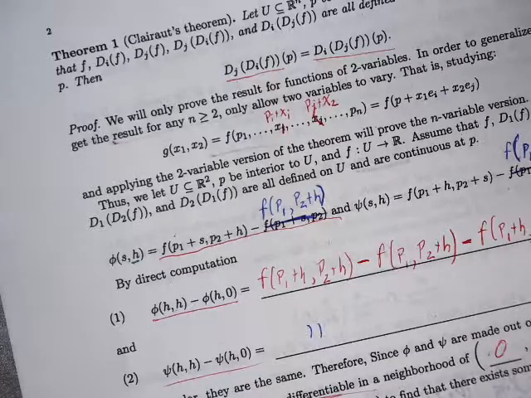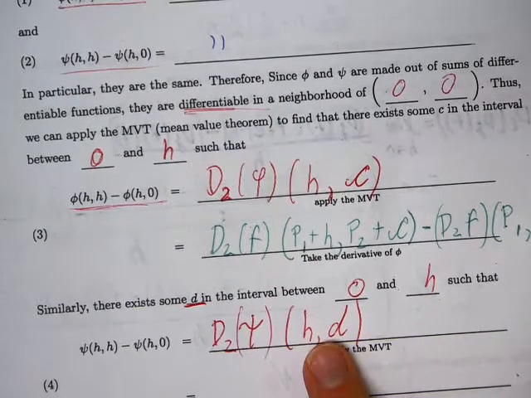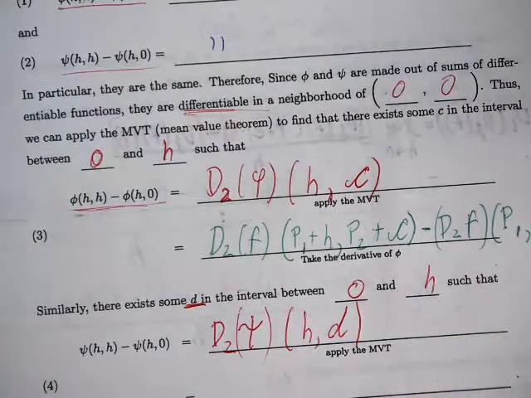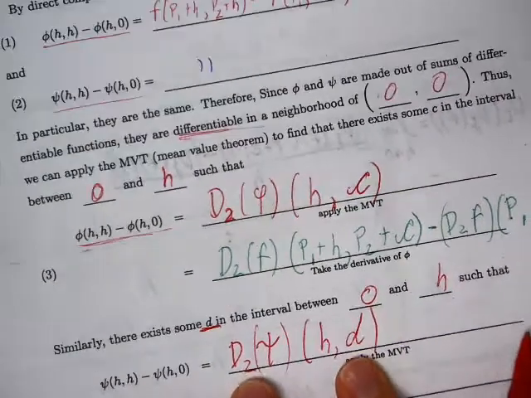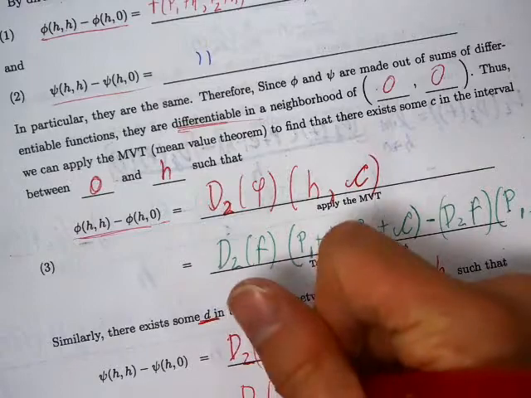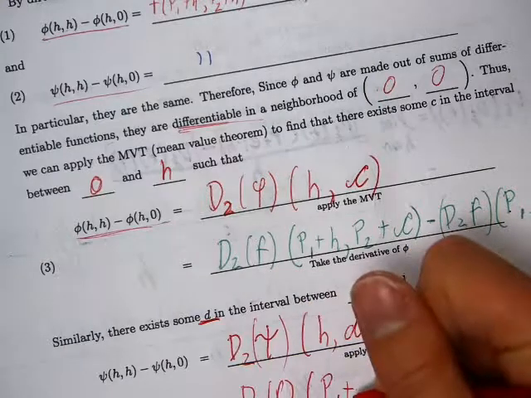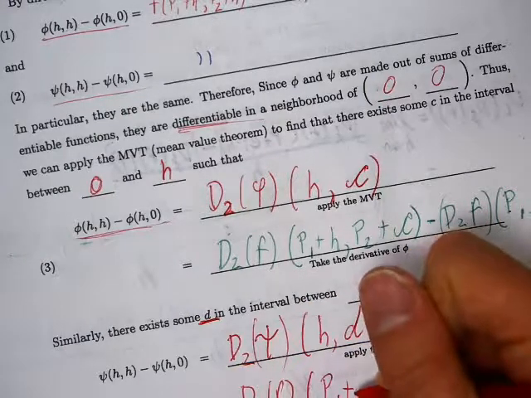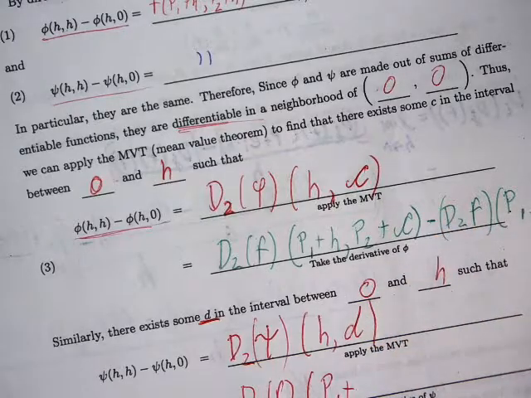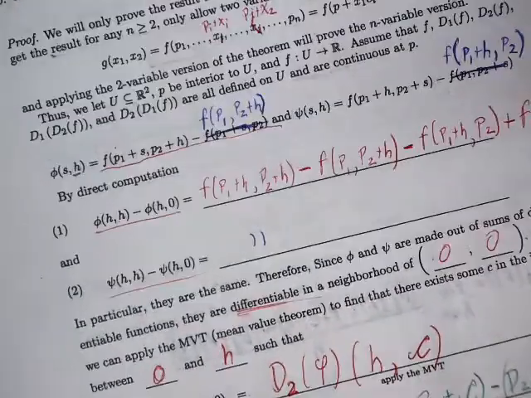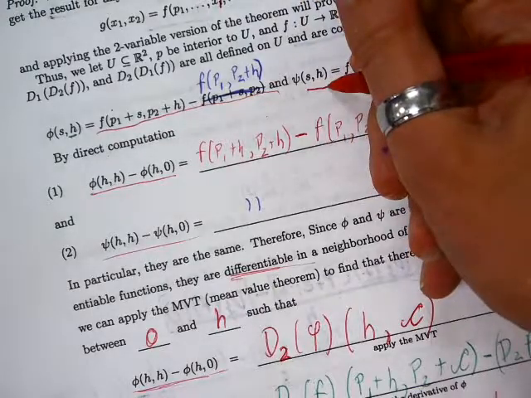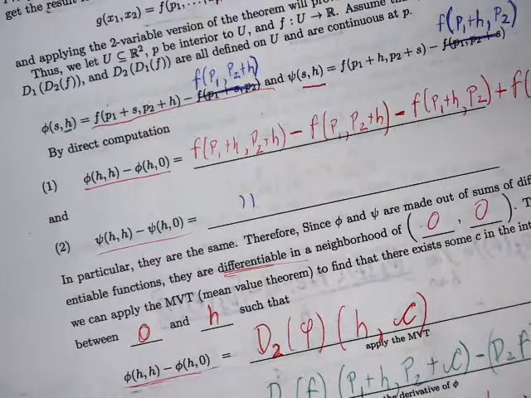Everyone feel okay? But I don't want it at (h, s), I want it at (h, d). But that's not a big deal at this point. So d2 psi of (h, d) is the same as d1 of f evaluated at p1 plus, with h and s swapped, (s, h).